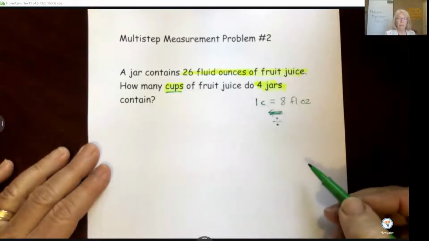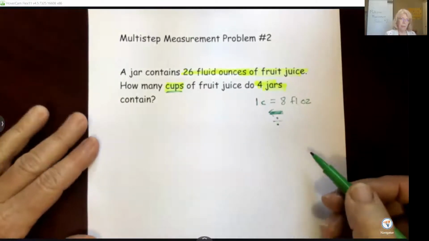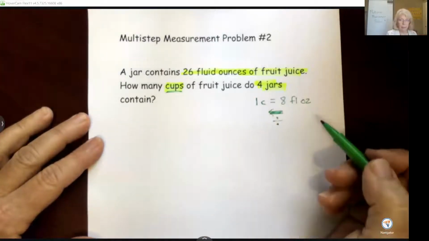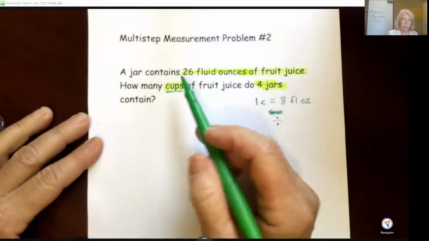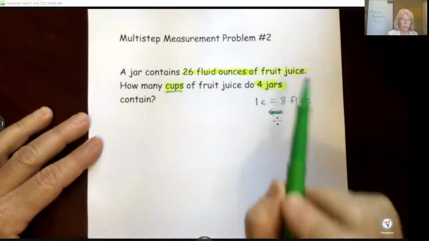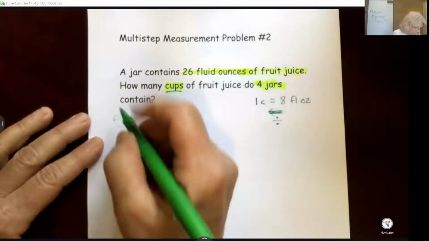Okay, so I always like my students to draw a word problem if they can. So I'm going to go ahead and do some drawing here. You don't have to be a great artist, as you'll see, but they're telling me there's 26 fluid ounces of fruit juice in 1 jar, but I have 4 jars. So I'm going to draw my 4 jars.